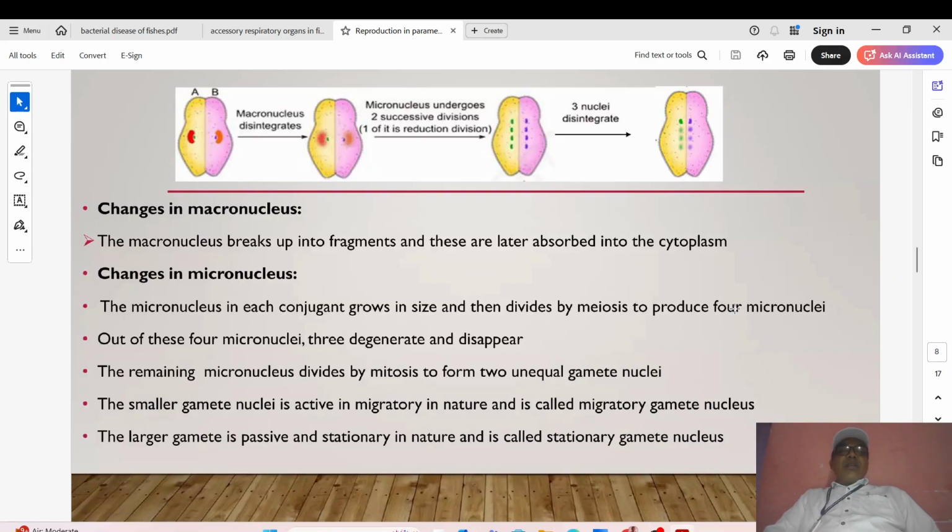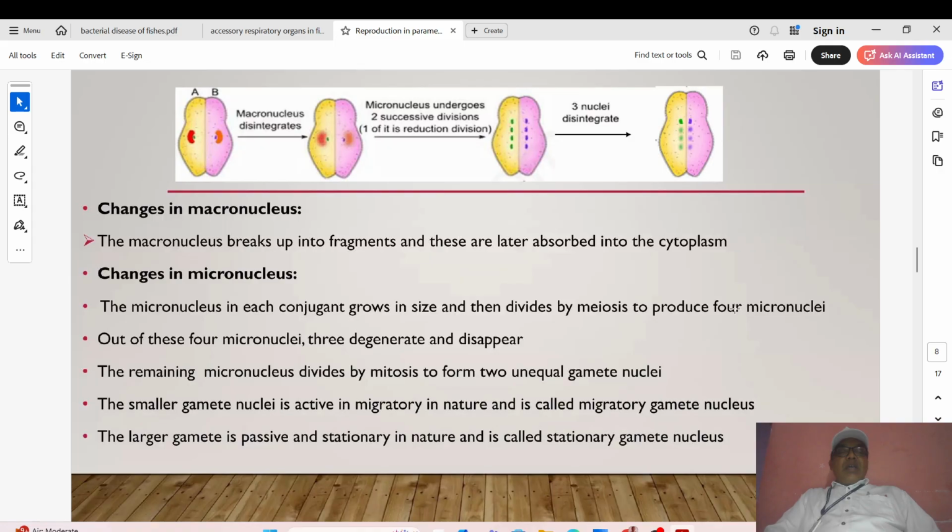See how the exchanges take place. The macronucleus breaks up into fragments and these are later absorbed into the cytoplasm. Only the micronucleus undergoes changes.